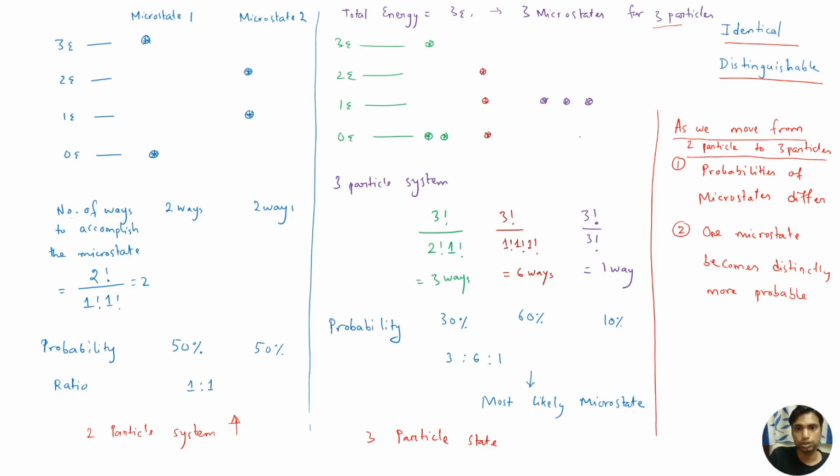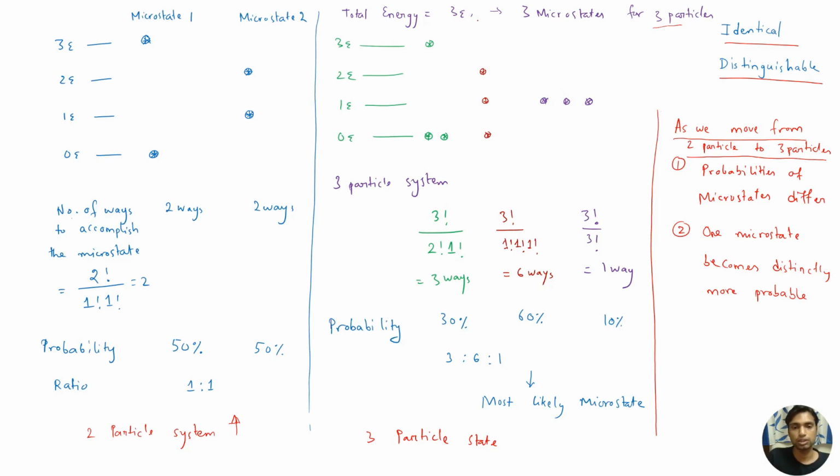This is one configuration where one particle is in 3e and the others are in the 0 energy level. Or one particle is in 2e, another is in 1e and the other is in 0e, or the 3 particles can be in 1e, 1e, 1e. These are the 3 ways in which we can obtain the energy 3e.